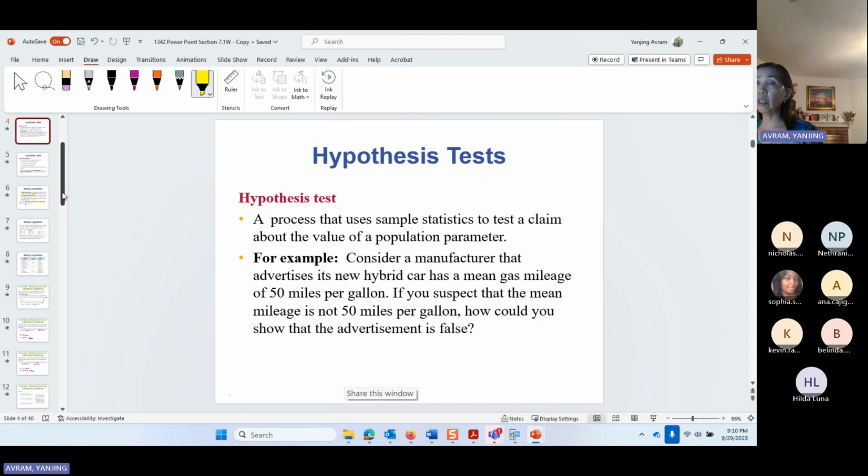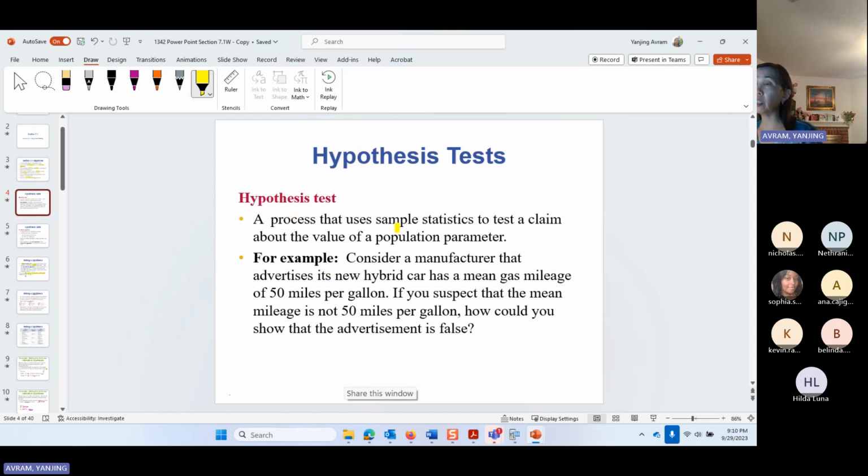Since we only have 2 weeks left, I want to go ahead and consider talking about this one right here. A hypothesis test is a process that uses sample statistics to test a claim about the value of the population parameter. For example, consider a manufacturer that advertises a new hybrid car has a gas mileage of 50 miles per gallon.